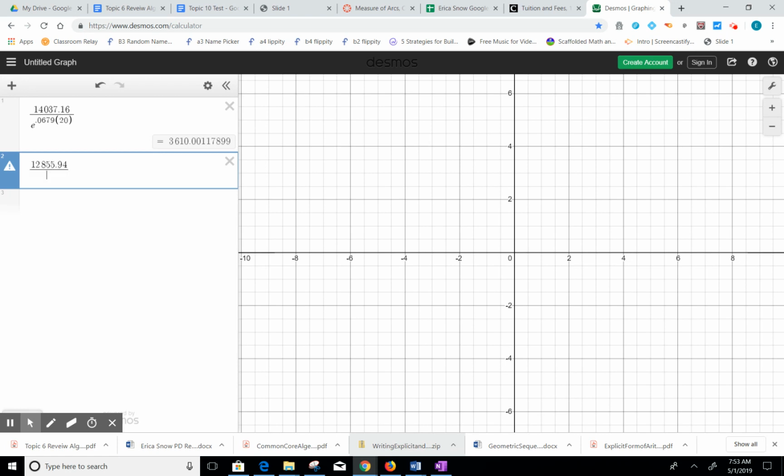And then we're going to divide that by 1 plus another division bar, 0.0431 over 12 to the 12 times 10.